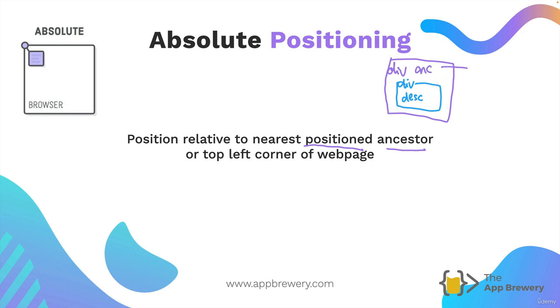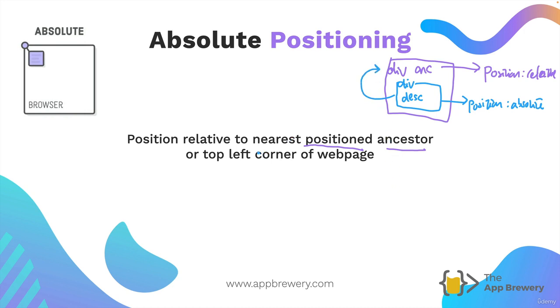If this particular div has the position property set, for example, if we set this as relative and we set the blue box to have a position as absolute, then this blue box is then going to be positioned relative to its positioned ancestor.